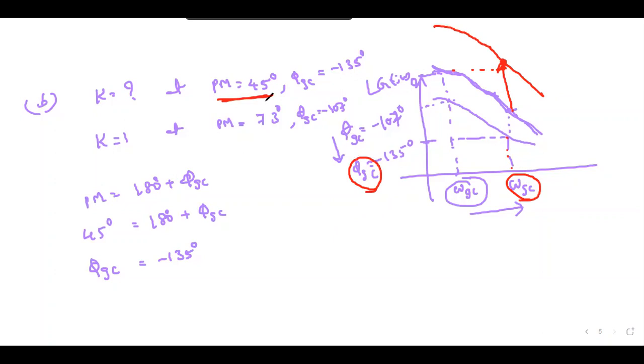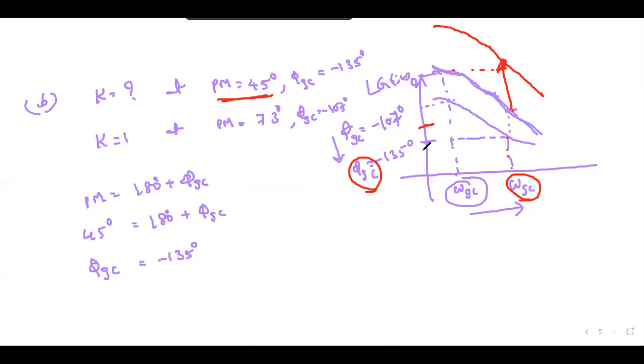In order to get this phi GC, omega GC must be here. In order to make omega GC here, this magnitude response must be 0 dB at this point. Since it is not 0 dB, that much amount I should add to go to 0. So what is this point?